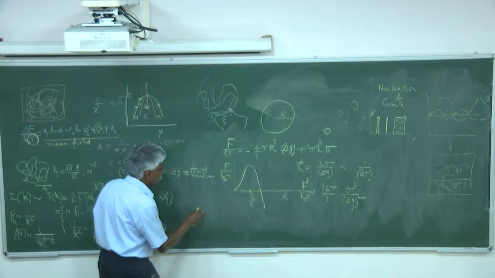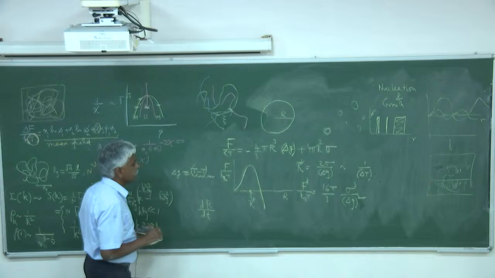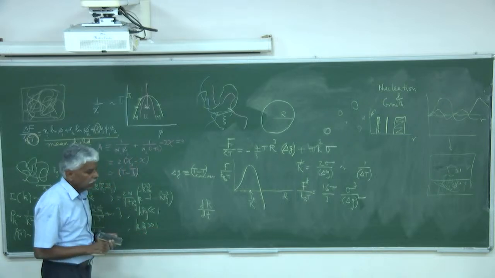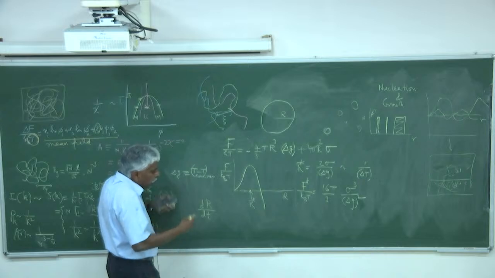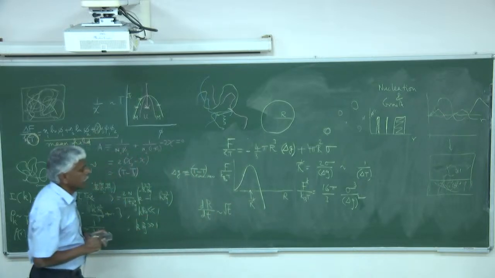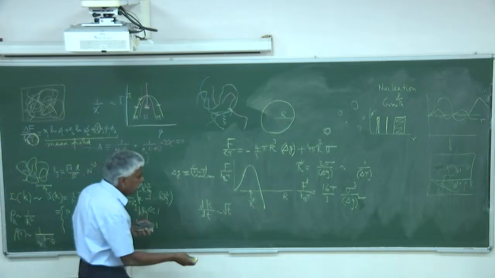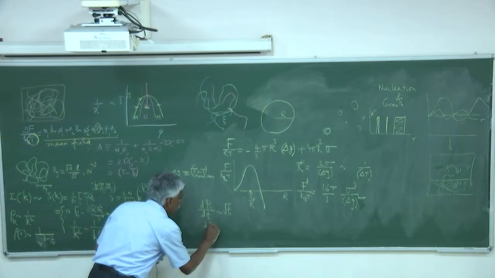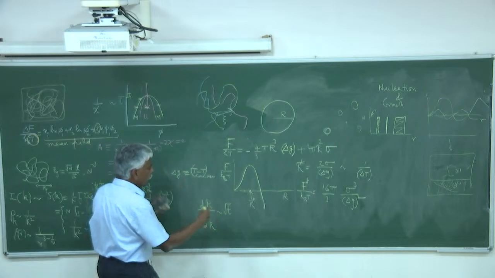The growth, dr by dt. In the early stage, after the viable nuclei are born, it goes like square root of t. And then in the growth, there are two possibilities.